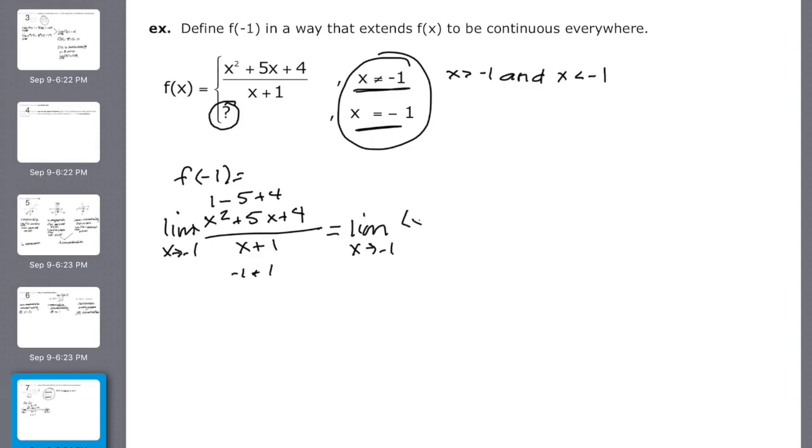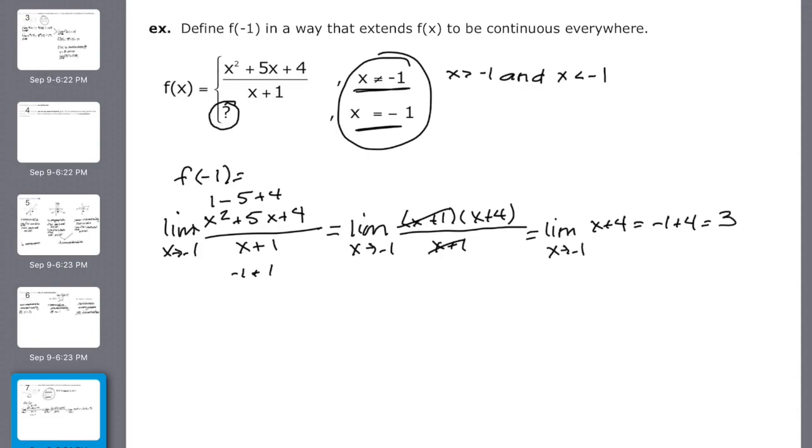If I factor the top, I get x plus 1 times x plus 4, over x plus 1. That's going to cancel out, which leaves me with the limit as x approaches negative 1 of x plus 4, which gives me negative 1 plus 4, which leads to 3.